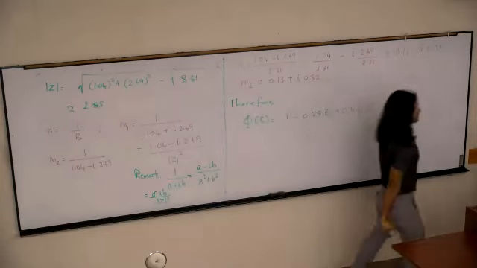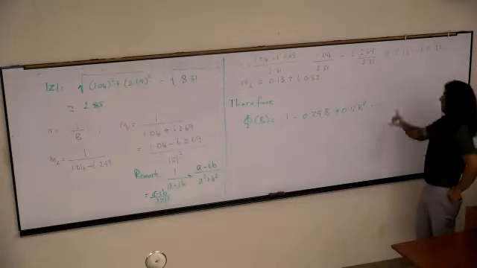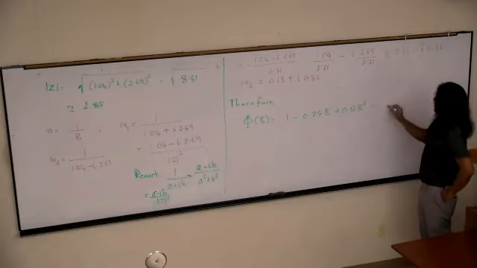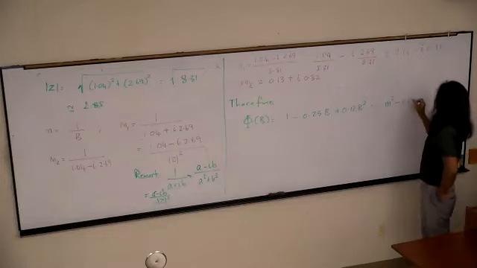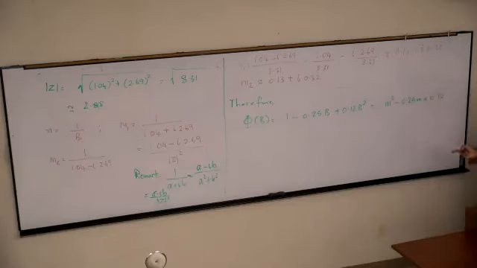I can rewrite that expression in terms of m as m squared minus 0.25 m plus 0.12. You set that equal to 0 and solve for the roots.